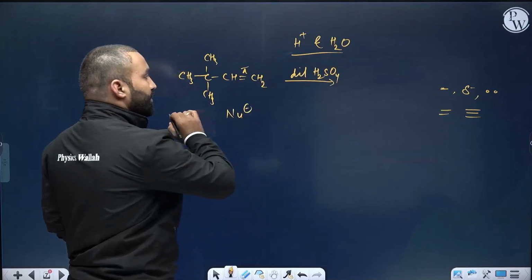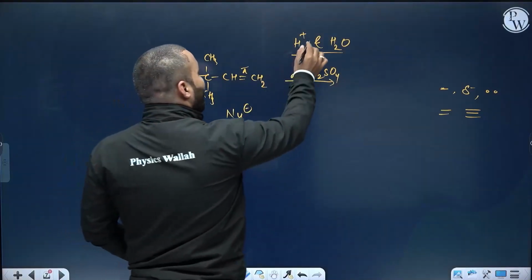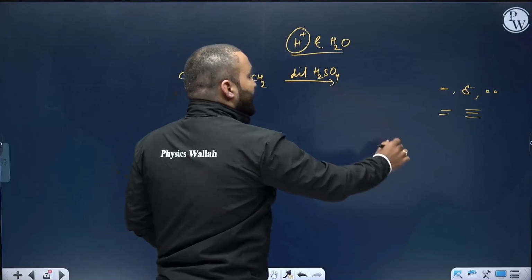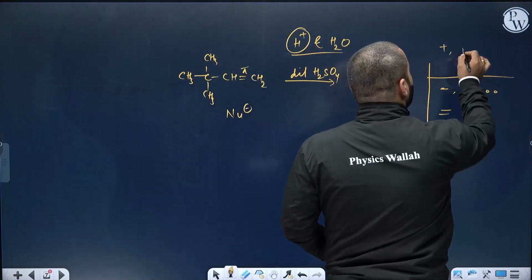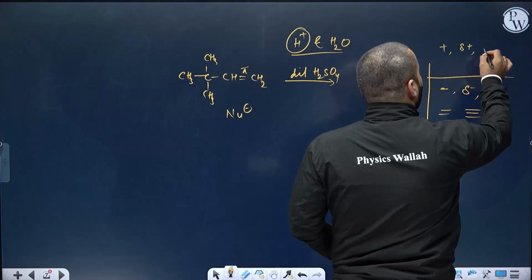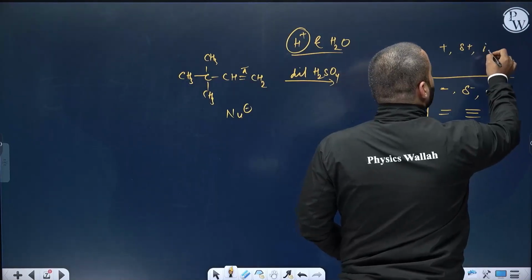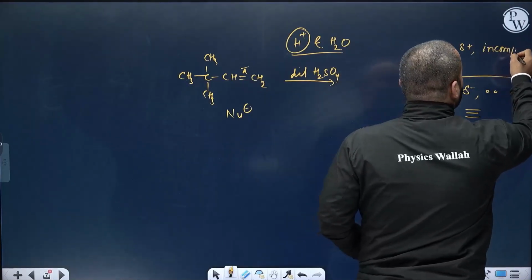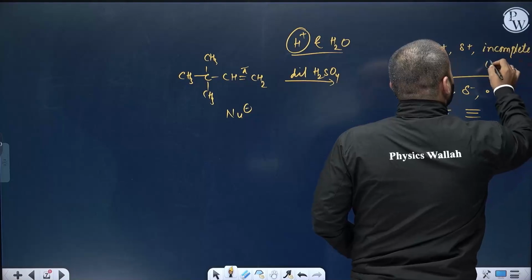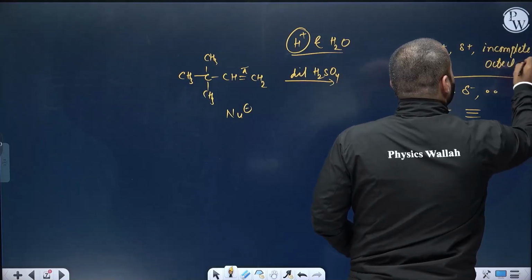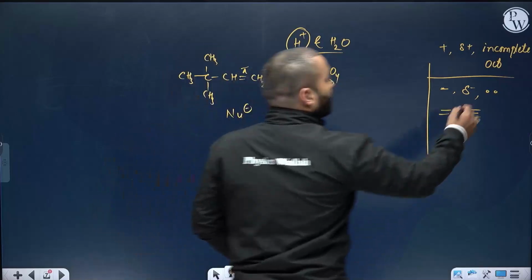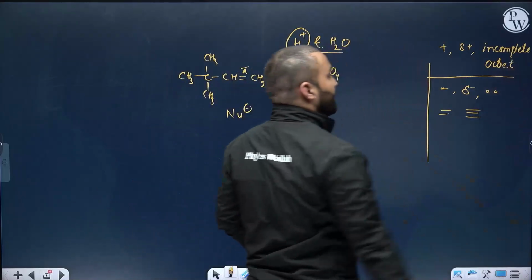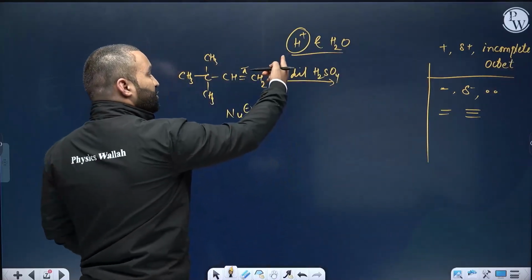Is this much clear? Now, here you have H+ present, and the identification of an electrophile is having a full positive charge or delta positive charge or an incomplete octet. So do I have a positively charged species here?